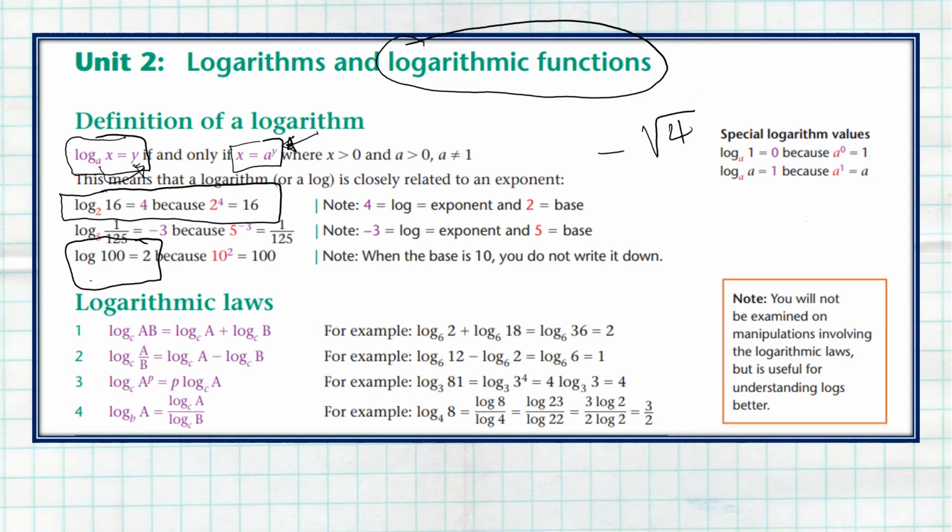It's also the same with logs. If they just give you log x, it is the same as log base 10 of x. There is always 10 on the base, unless they give you another number.